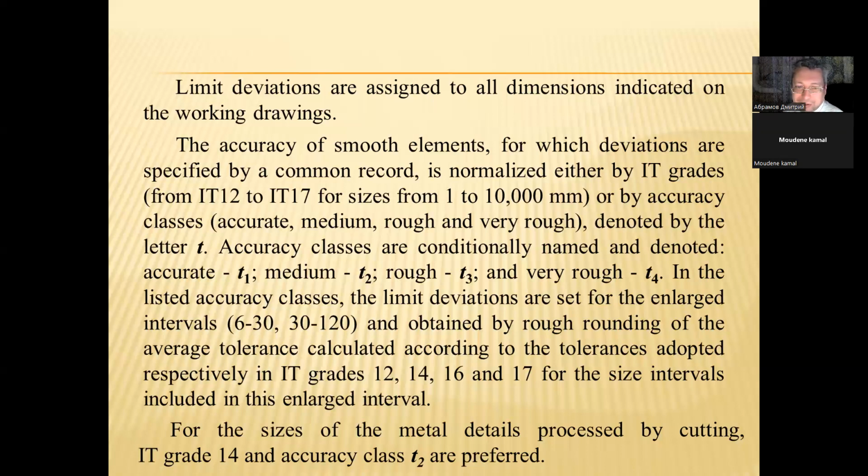In the accuracy classes, the limit deviations are set for enlarged intervals, for example, from 6 to 30, from 30 to 120, and obtained by rounding of the average tolerance calculated according to the tolerances adopted respectively in IT grades 12, 14, 16, and 17 for the size intervals included in this enlarged interval.